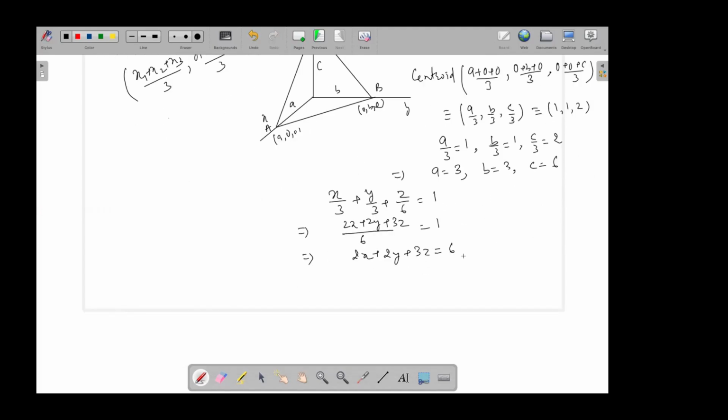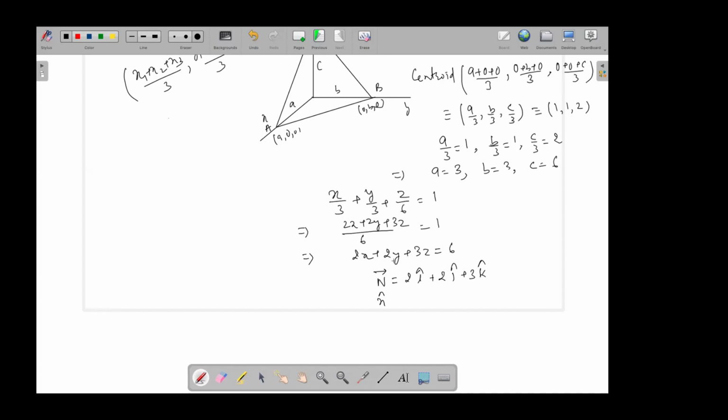Now, this is the equation of a plane whose direction ratios are 2, 2, and 1, and this is also the direction of the normal. So the normal vector is going to be 2i cap plus 2j cap plus k cap. Similarly, if you want to write n cap, you have to divide by the magnitude of this.